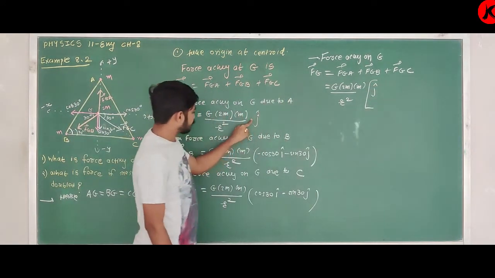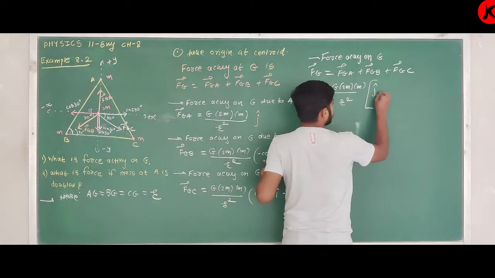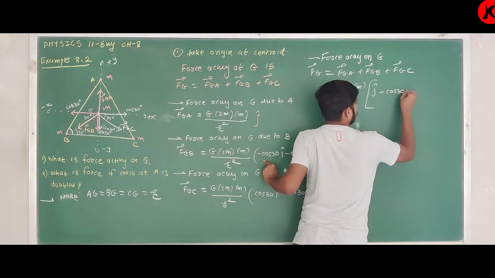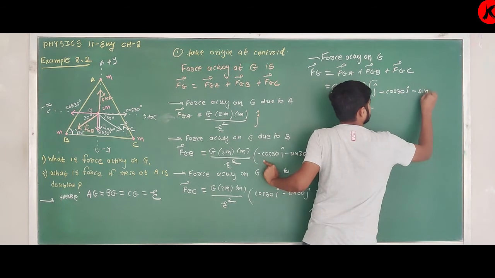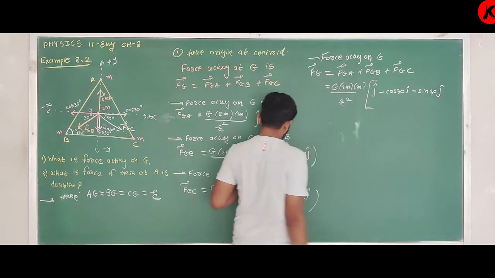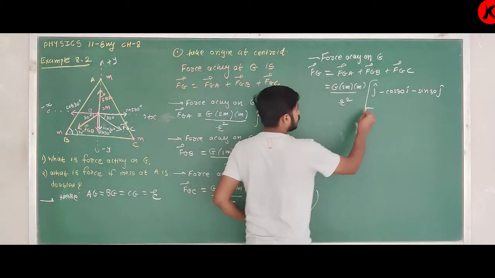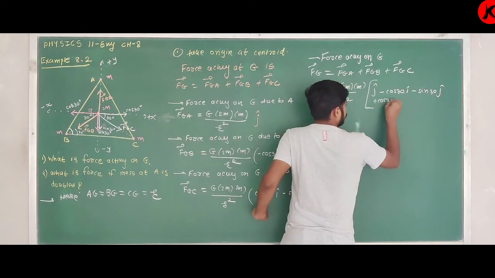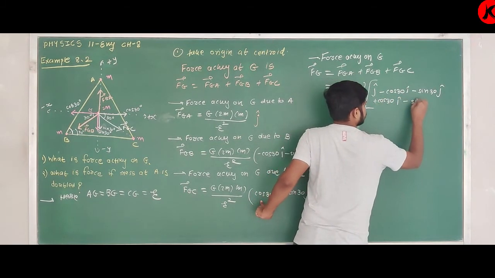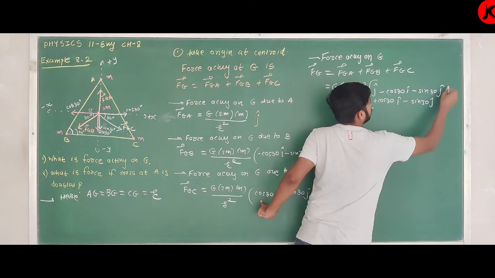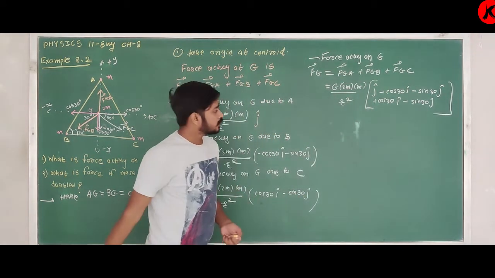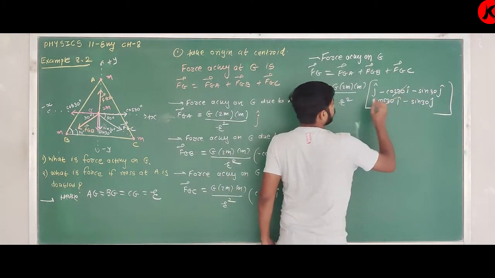Now in this term, what is the direction? j cap. Here, minus cos 30 i minus sin 30 j. Next, cos 30 i minus sin 30 j. Any doubt? So yes, this cos 30 i cancels with minus cos 30 i.